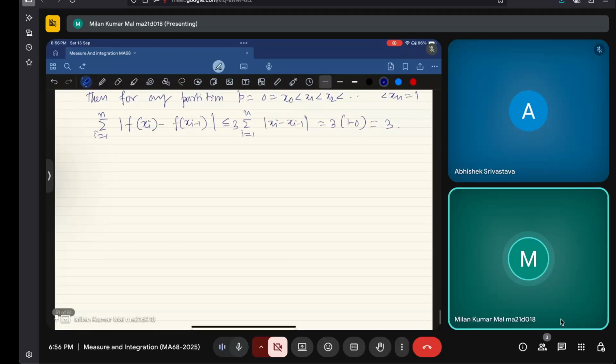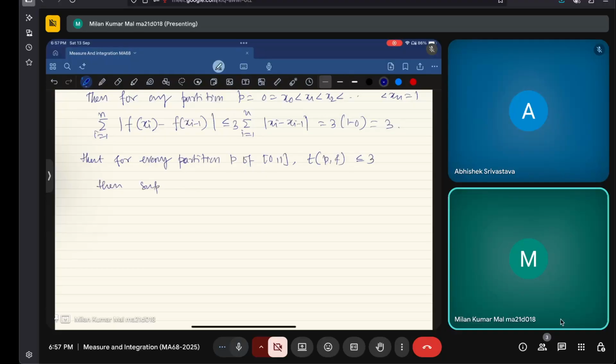So this is true for every partition. That is, for every partition P of the interval [0, 1], V(P, f) is less than or equal to 3.